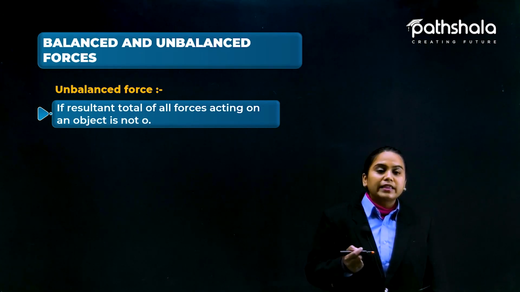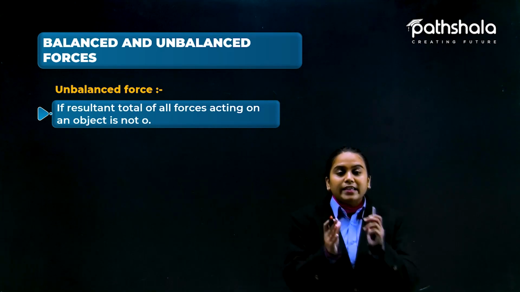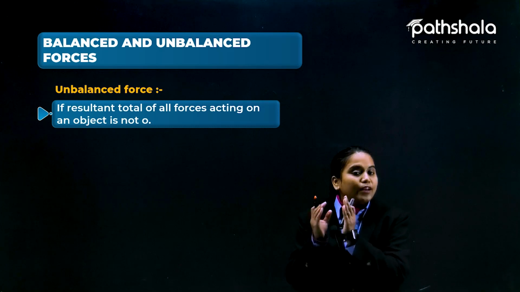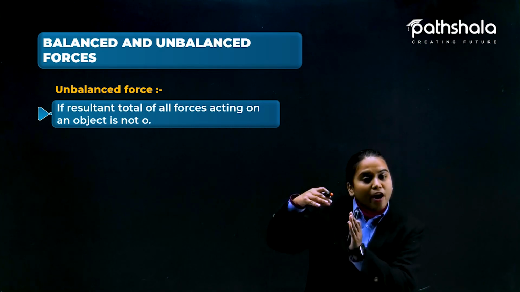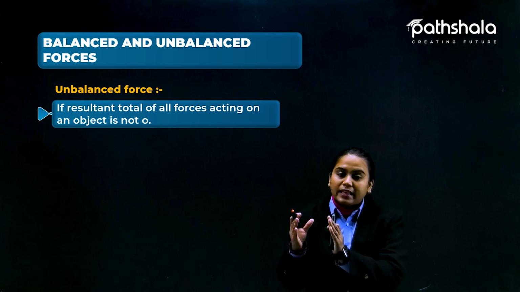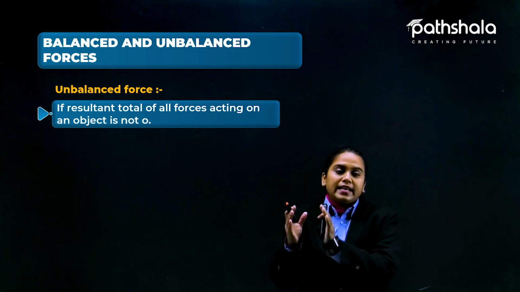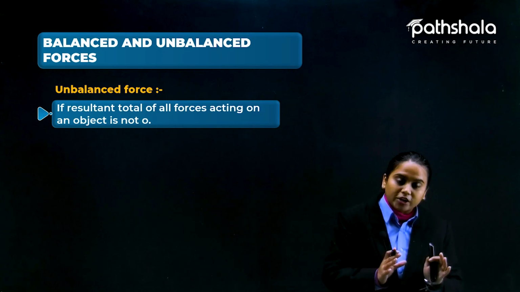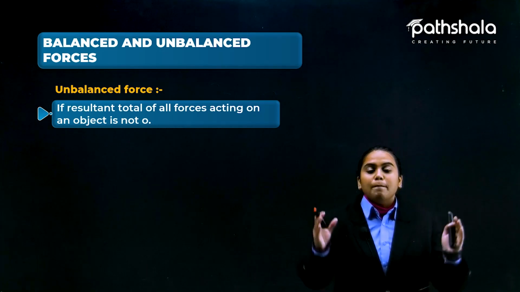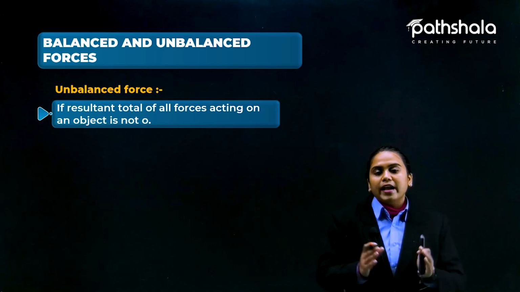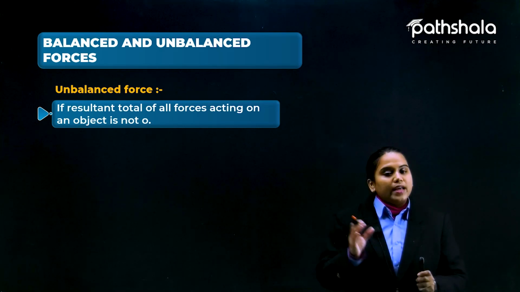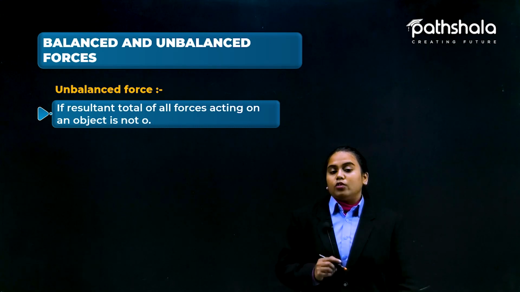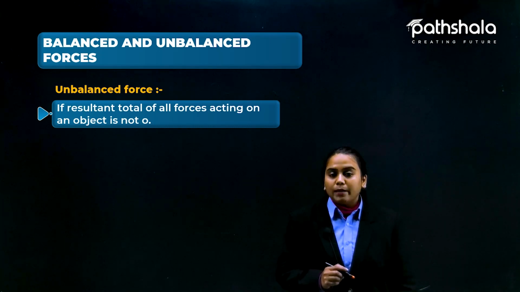As we have discussed for balanced force, we need to calculate whether the force applied on an object is balanced or not according to the forces acting on that particular object. If they are all balancing each other and forming a net balance that is zero, then it is known as the balanced force, and if it is not zero, then it is known as the unbalanced force.